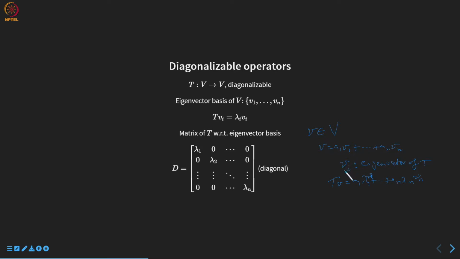So operator T controls the whole space in some sense. This is important and useful. If you want to define the operator T in some closed way on V, this helps you do that. I'll comment more on this when we look at self-adjoint and normal operators later. So this is the basic definition for diagonalizable operators.